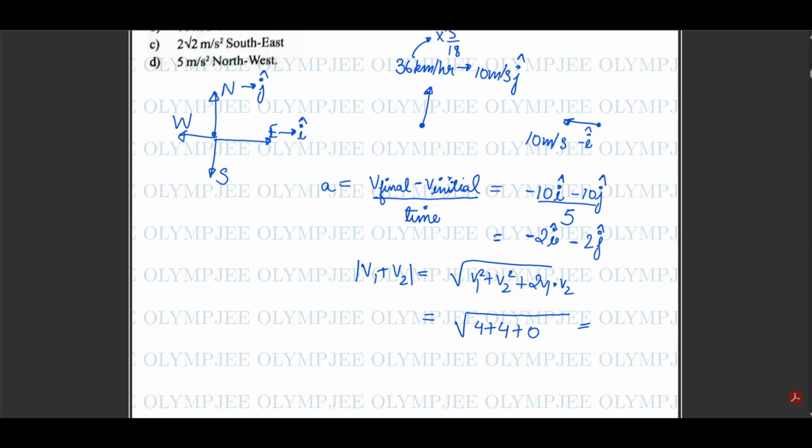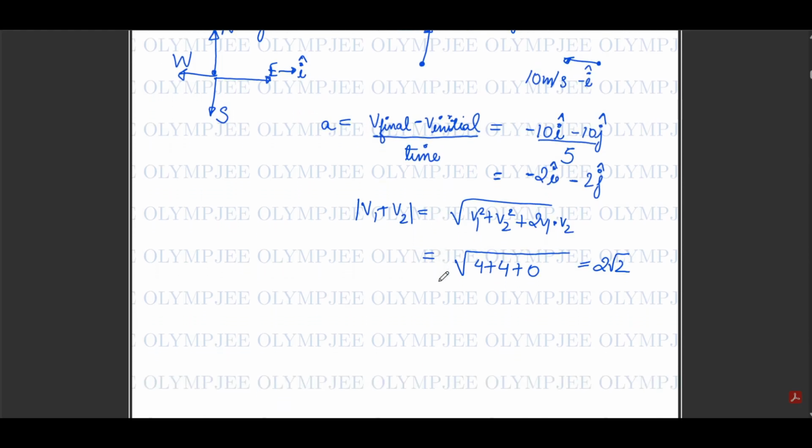So this will become 2 root 2. And for direction, we can easily see that since this is minus 2 i cap, minus 2 j cap, the direction will be southwest.